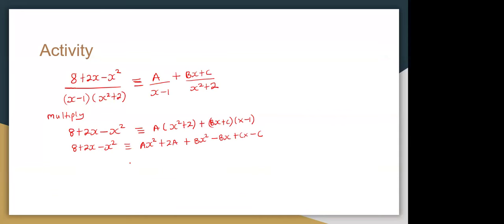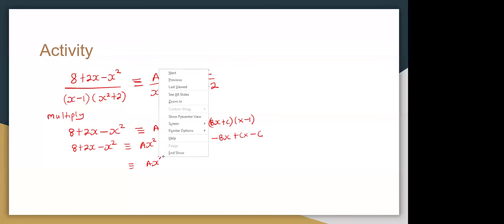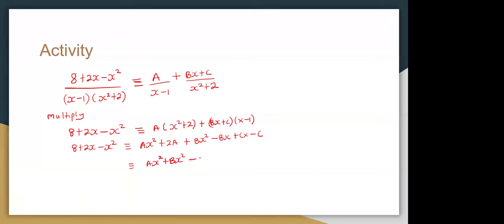Then I collected like terms: ax squared plus bx squared minus bx plus cx plus 2a minus c. So a plus b, you close brackets, x squared, then minus b plus c into brackets, x. No, this should be a plus c.